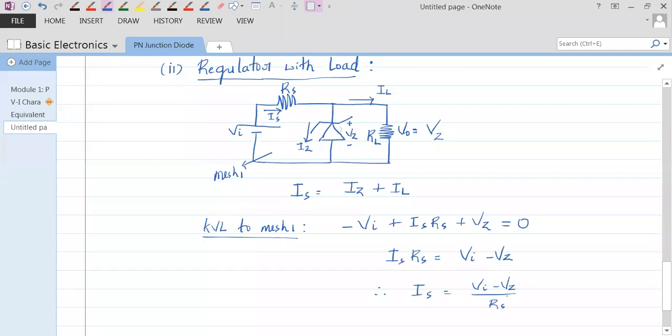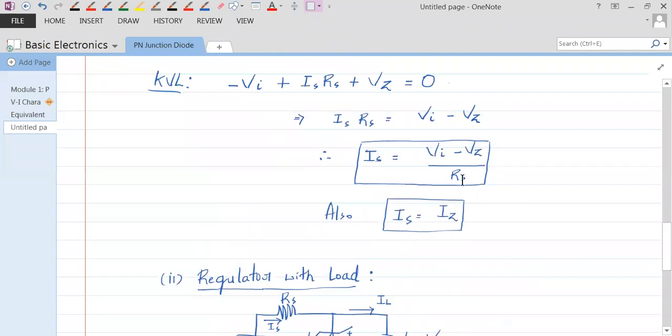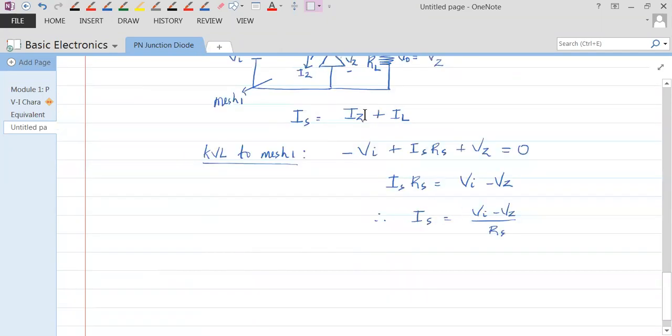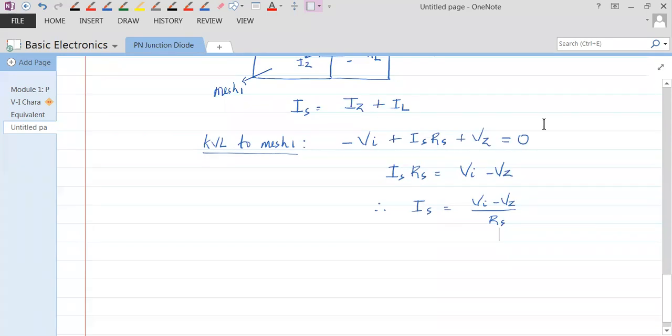Now that Is has not changed. Vi minus Vz by Rs, but Is was just Iz. Here Is is not just Iz, but it is Iz plus IL. Understand that point, everybody?